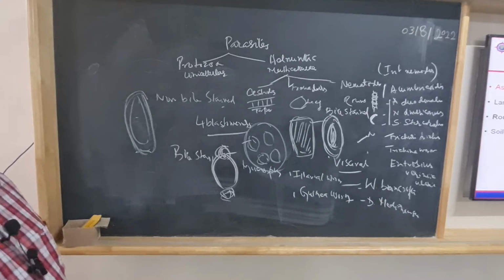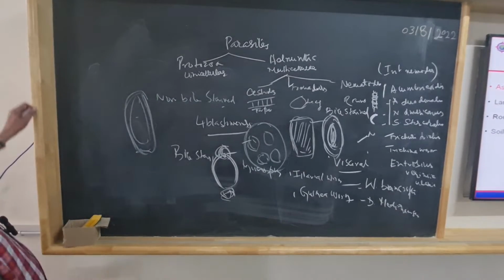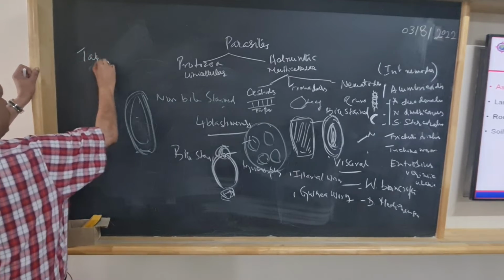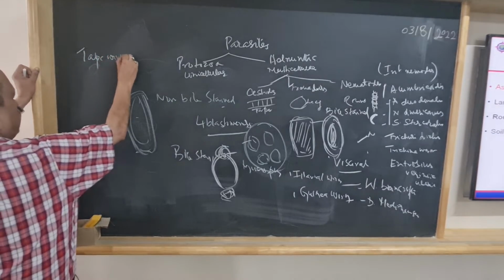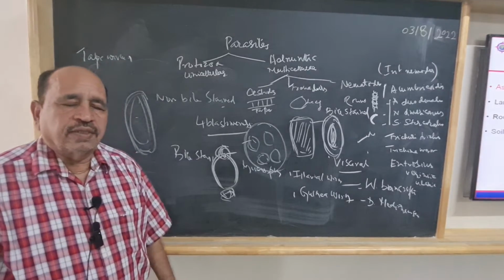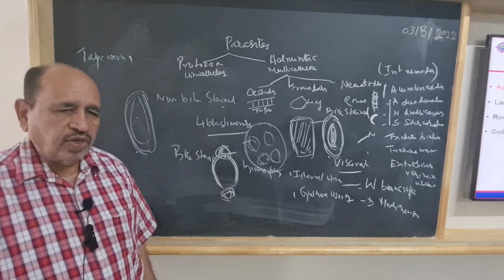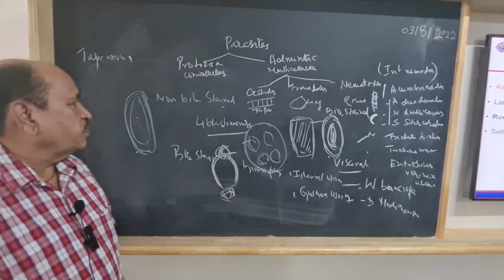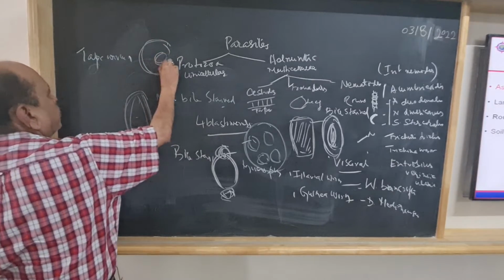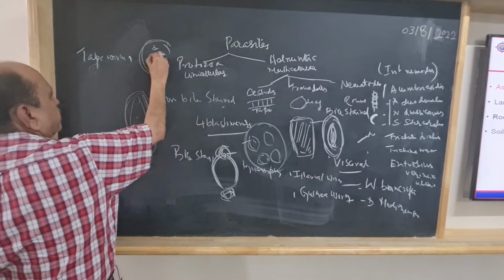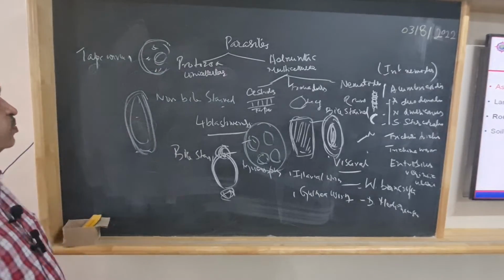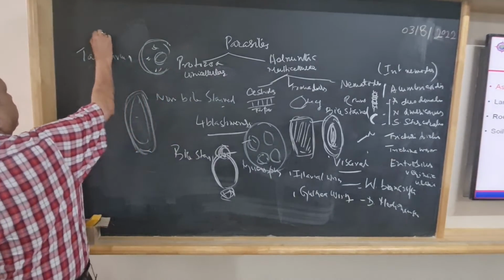So you remember with a mnemonic. All tapeworms, like Taenia saginata and solium, are bile stained. Inside there are 3 pairs of hooklets.